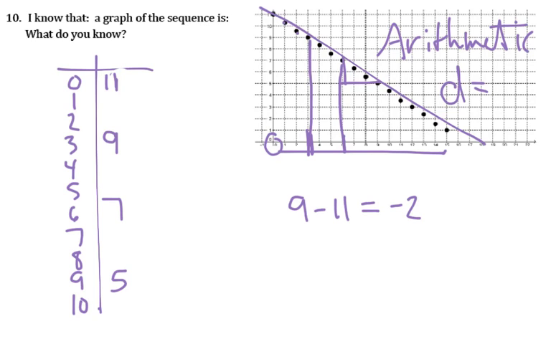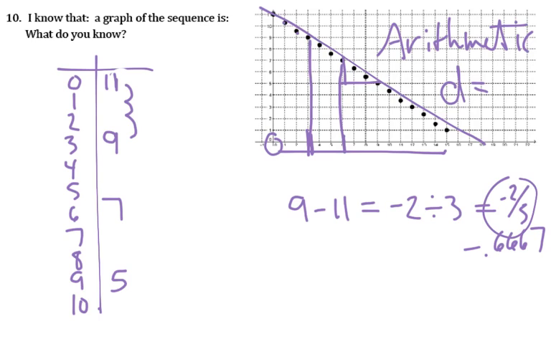Negative 2 divided by 1, 2, 3 jumps would give us negative 2/3, or negative 0.66667, right? So negative 2/3. So we're subtracting 2/3 each time, which would make this 10 1/3. Then this would be 9 2/3, and then that would be 9, and so on.